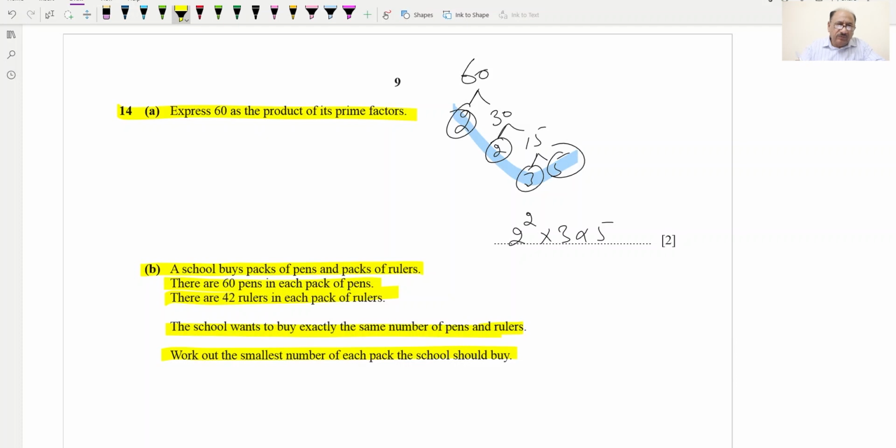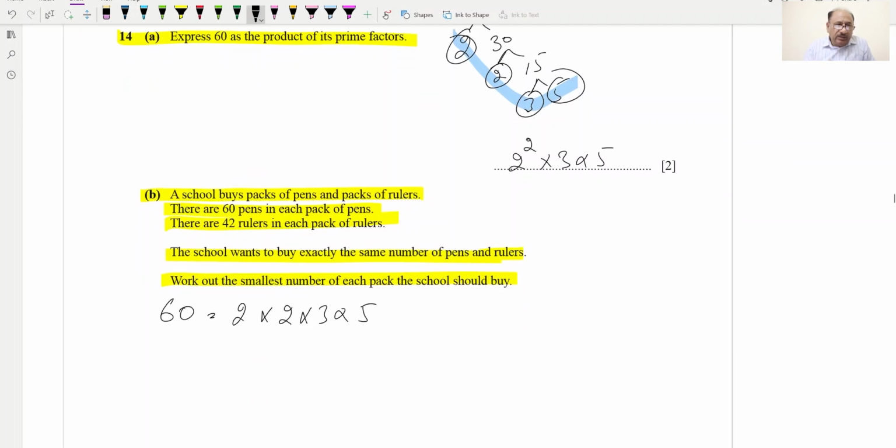The prime factors of 60 are 2 into 2 into 3 into 5, which we have done in part A, and the prime factors of 42 will be 2 into 3 into 7.